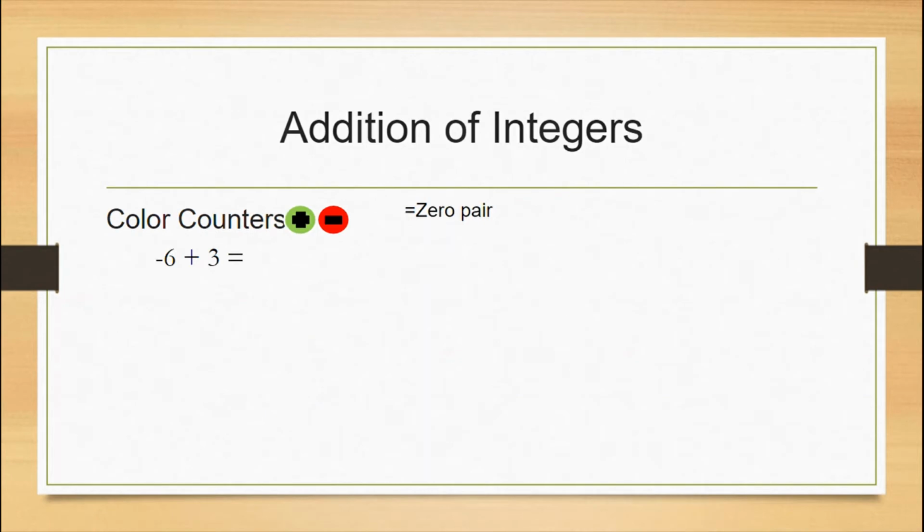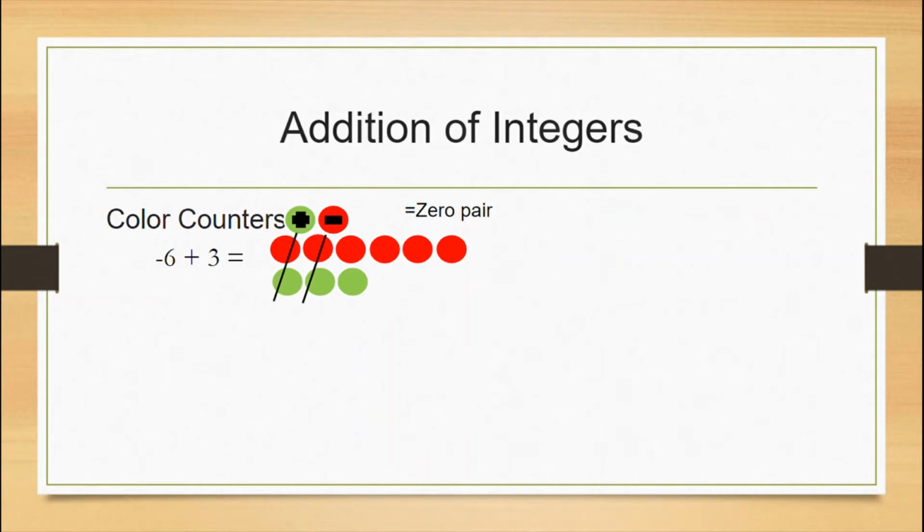How about we have negative 6 plus positive 3? Negative 6 here means 6 red counters, and positive 3 here means 3 green counters. Based on our counters here, we have a zero pair. This one is a zero pair, so we're going to cancel this one.